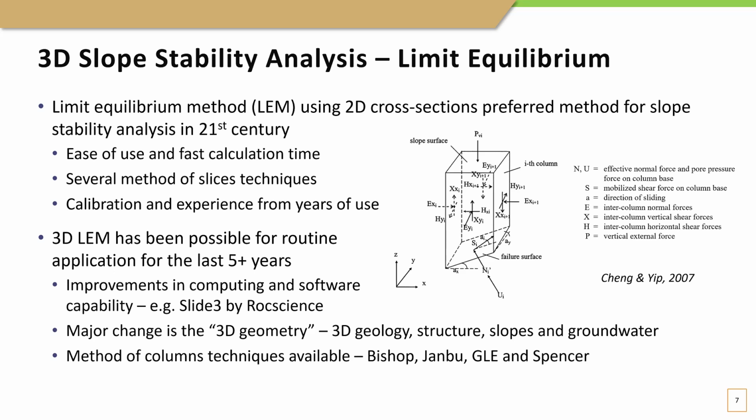In the last 5 years, there's been a shift from 2D to 3D limit equilibrium, basically because of improvements in computing and software capability. But the major change is really just 3D geometry. That is, 3D geology, 3D structure, slopes, and groundwater. The method of slices now changed to method of columns, and techniques include Bishop, Janbu, GLE, and Spencer.